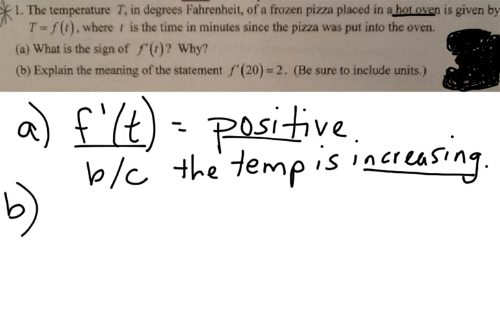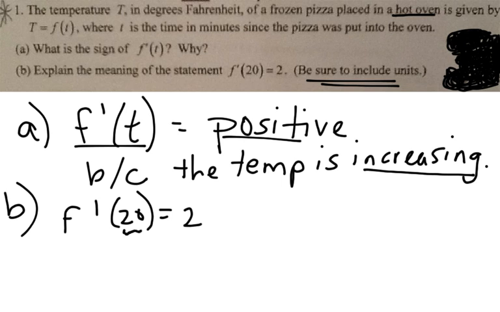Okay, B. Explain the meaning of the statement F prime of 20 equals 2, and it says be sure to include units. So F prime of 20 equals 2. So 20 is in the place of the little t.